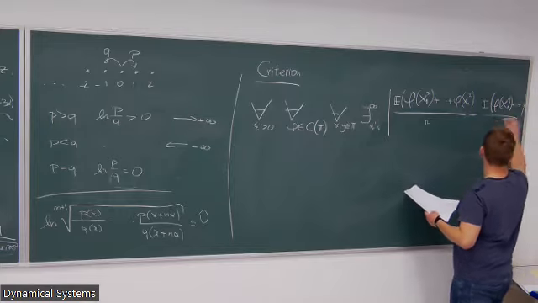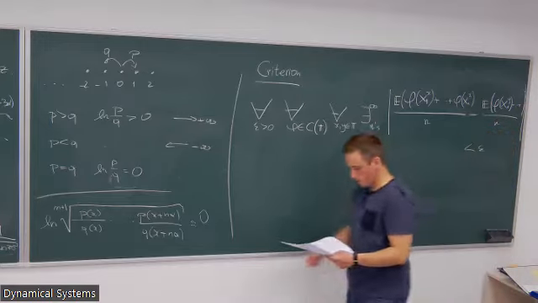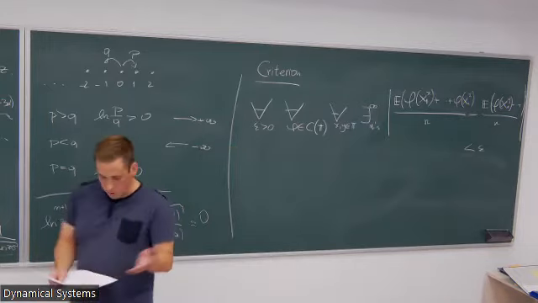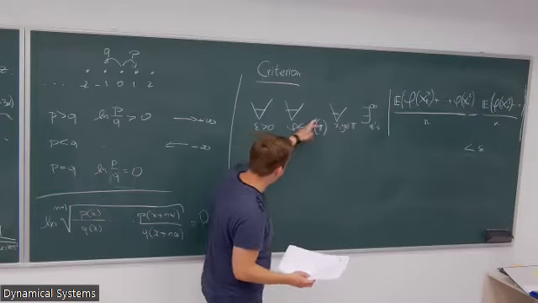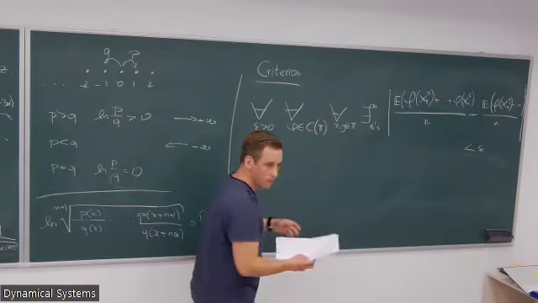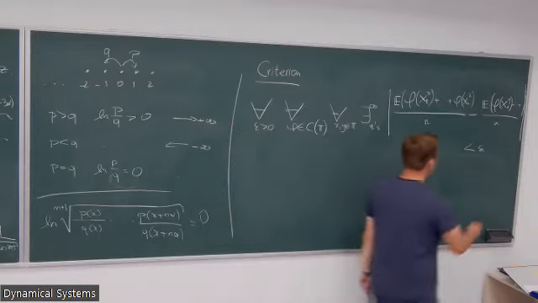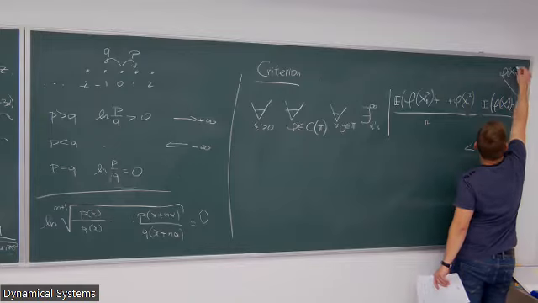Well, we know what should be here. And this should be less than epsilon. If this condition is satisfied, then uniqueness follows. That's clear? Here it should be phi, x, and y.